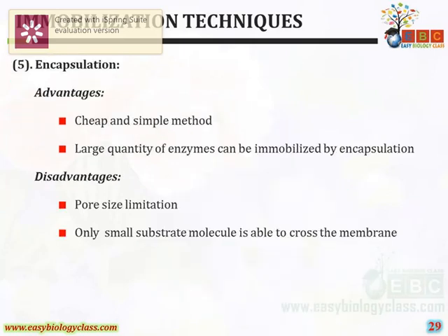Advantages of encapsulation: it is a cheap and simple method. A large quantity of enzymes can be immobilized by this method, because a number of molecules can be encapsulated inside the semi-permeable membrane. The disadvantage is a pore size limitation, and only small substrate molecules are able to cross the membrane.